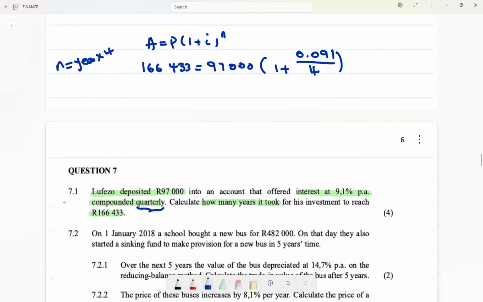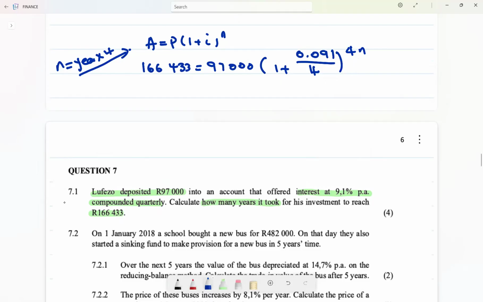So we substitute for n, where n is our number of years multiplied by the period. If you do not do this, what you're going to get is the number of months. At the end, you need to divide by 4.